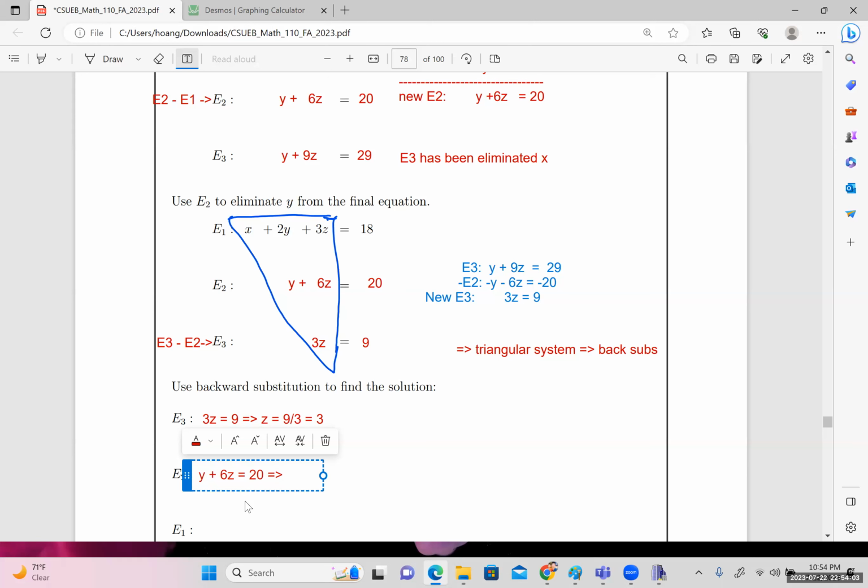We have y plus 6 times 3 equals 20, and then simplify, you will have y plus 18 equals 20. So then you can subtract 18 from both sides, and you have y equal to 2.